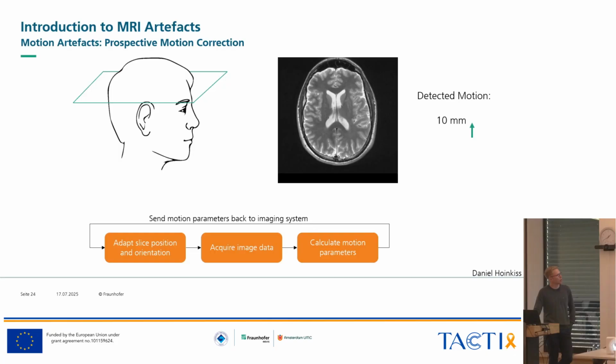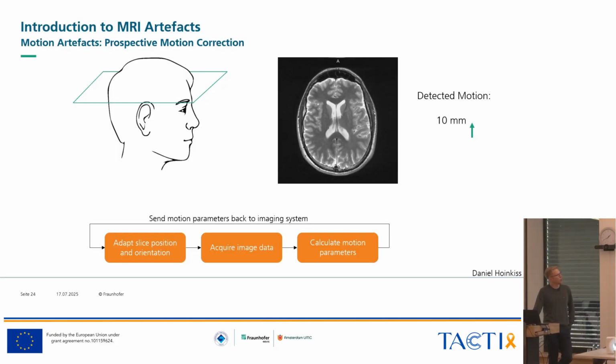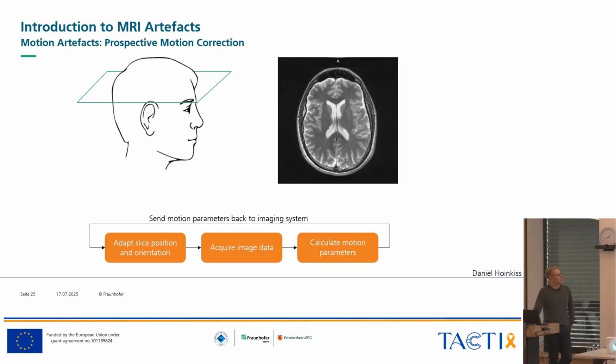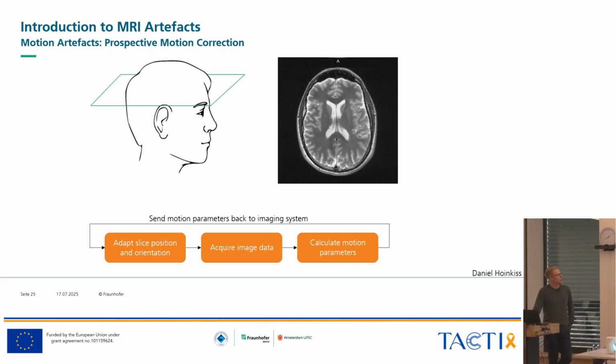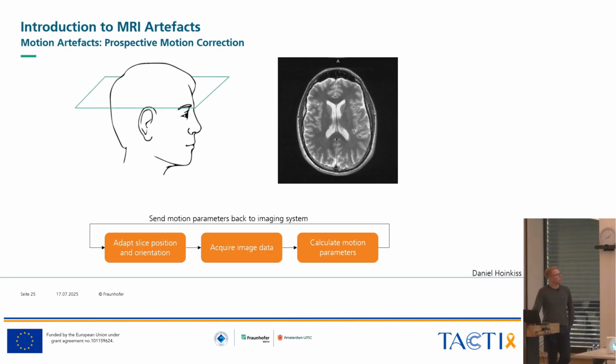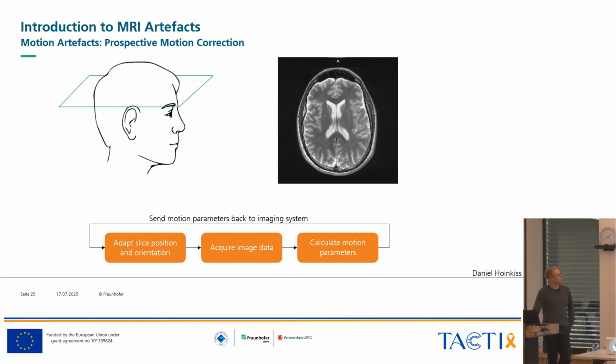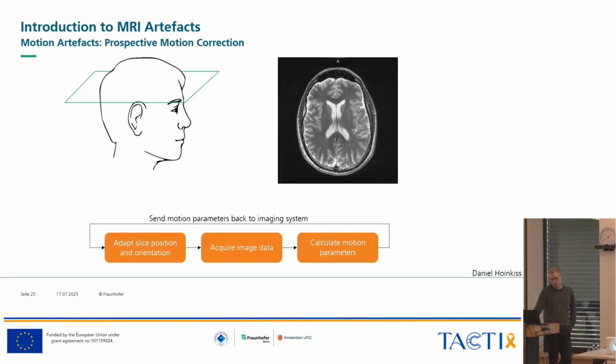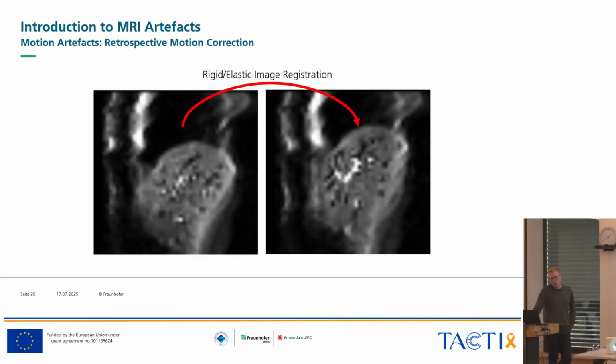So this is called prospective motion correction, where you would correct your imaging gradients and so on during the scan. And if you do that nicely, you can just follow your subject, and you see that you don't have any motion artifacts anymore, in principle. What you could also do is, for example, apply elastic registration.